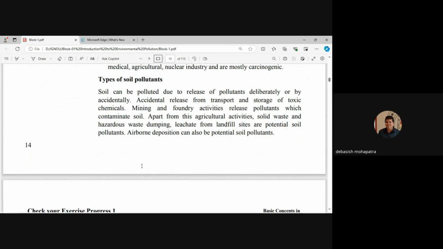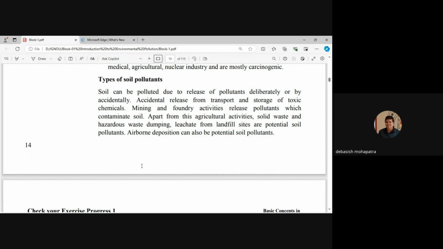Then types of soil pollutants. Soil can be polluted due to release of pollutants deliberately or by accident. Accidental release from transport or storage of toxic chemicals. Mining and foundry activities release pollutants which contaminate soil.